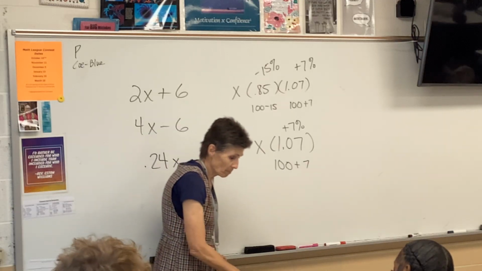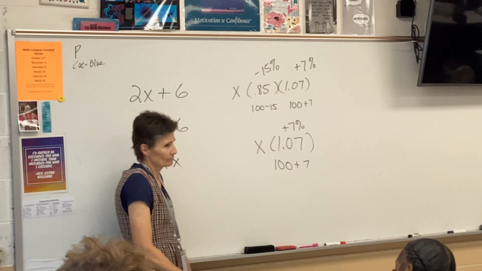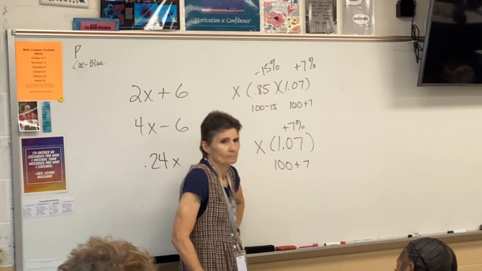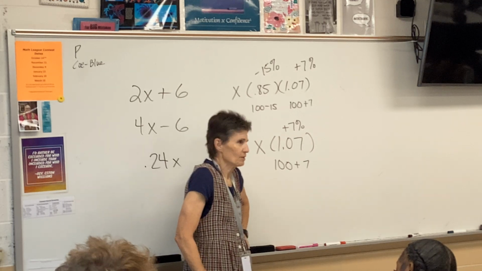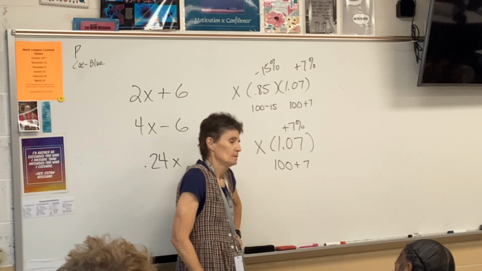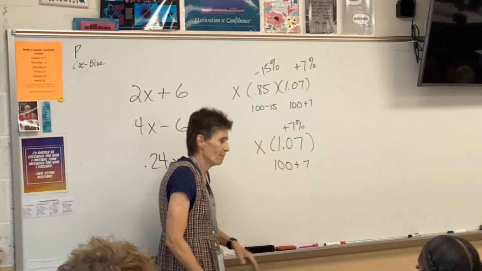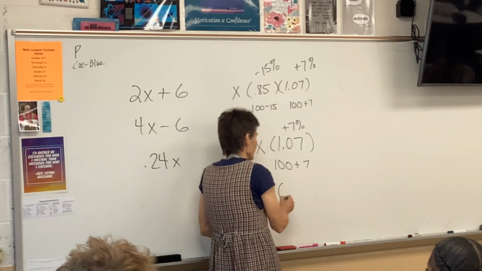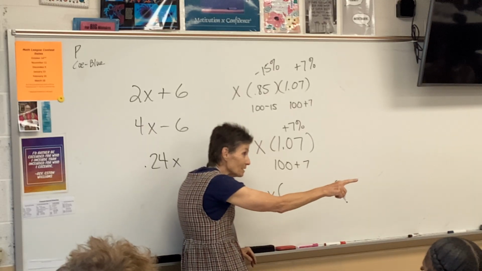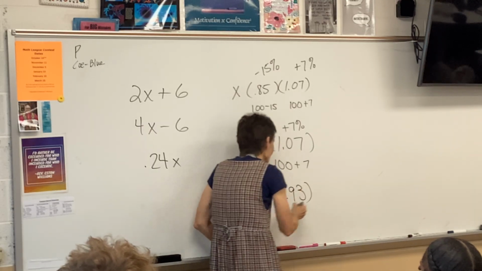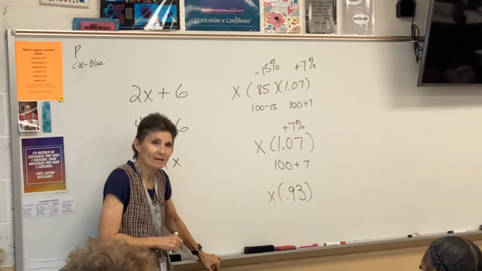Now, let's suppose he came in and said, Lucy, things aren't going very well. We're gonna have to cut your pay 7%. What would I multiply by? 0.93, that's exactly right. How did we get 0.93?